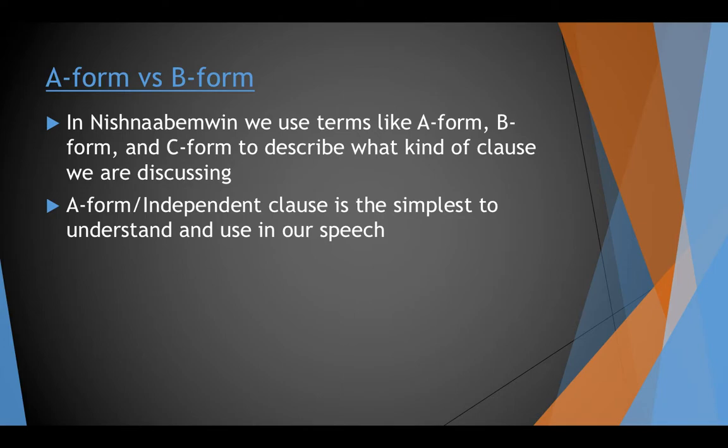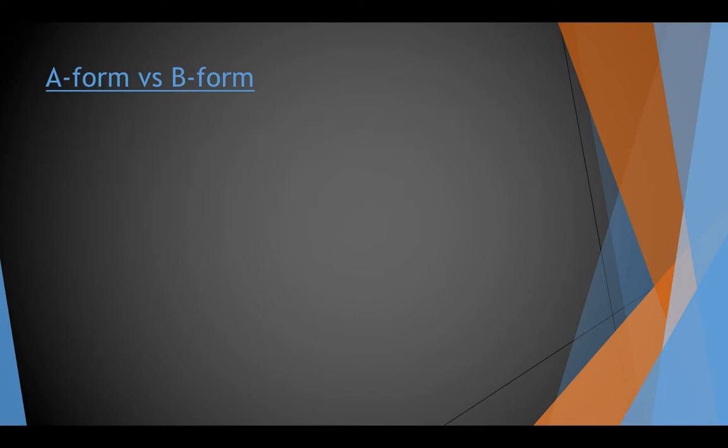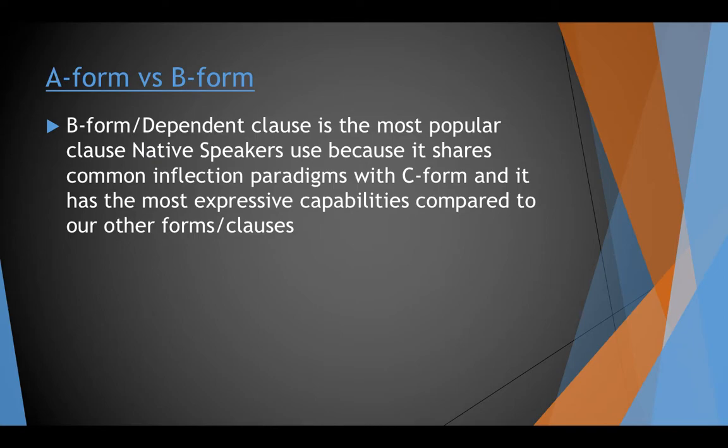This is happening, etc. B form or dependent clause is the most popular clause among native speakers because it shares common inflection paradigms with C form and it has the most expressive capabilities compared to other forms and clauses. A form is just kind of like a bland sentence, whereas with B form you can inject some emotion into it and be a little bit more expressive with it.